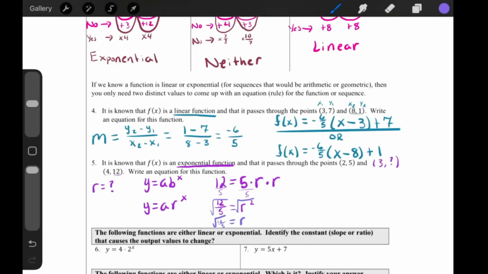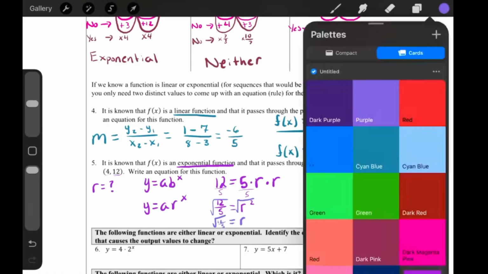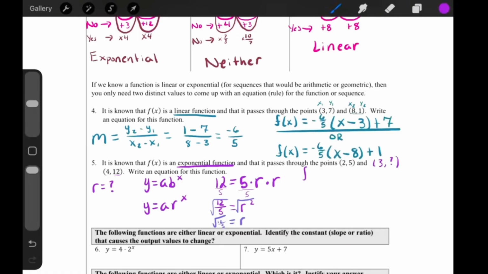So we do not write plus or minus in this instance. But now we can rewrite our equation. We have the variables that we needed. So here, I'm going to change my color back. We'll have f of x is equal to 5 times the square root of 12 over 5 to the power of x minus 2.